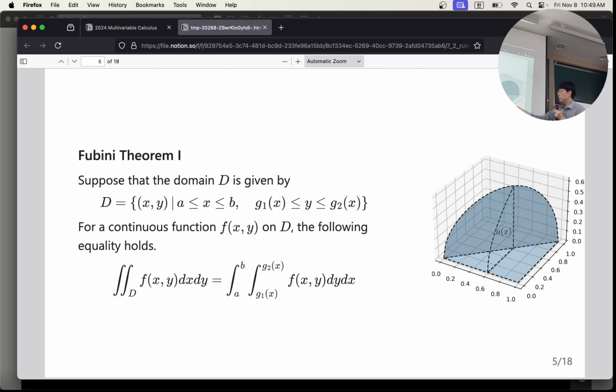So here, when x is changing, the range of y for points that lie in the domain is restricted by these graphs. You can imagine that these curves are graphs of two functions, g1 and g2, and this is our definition of the domain.